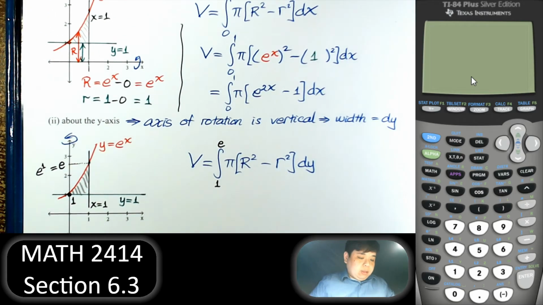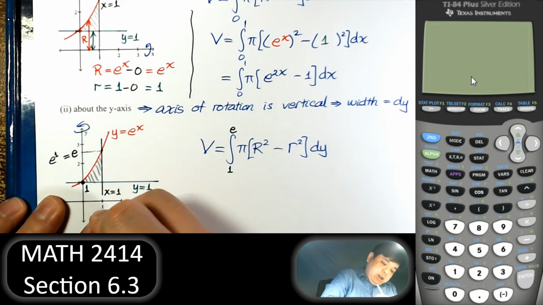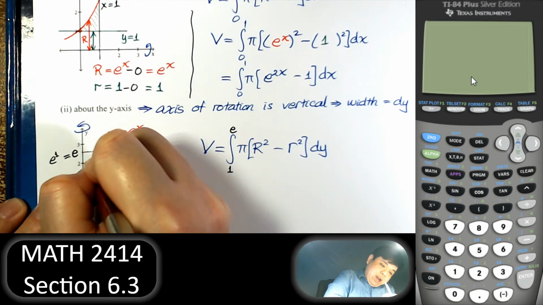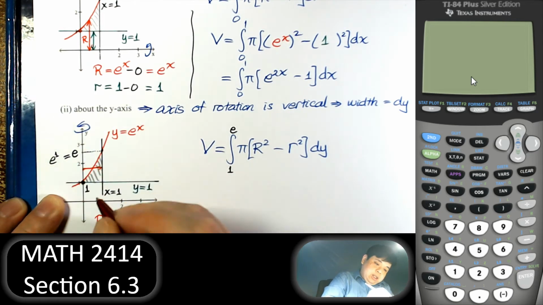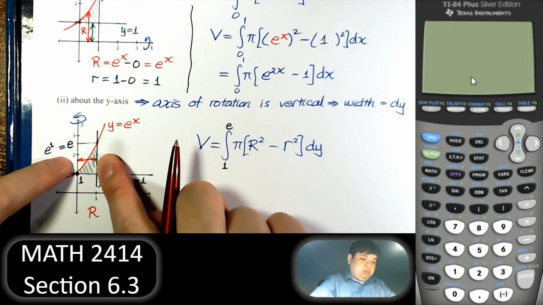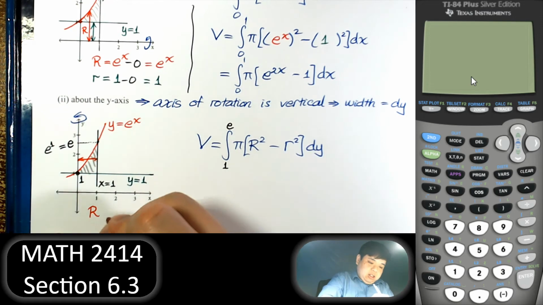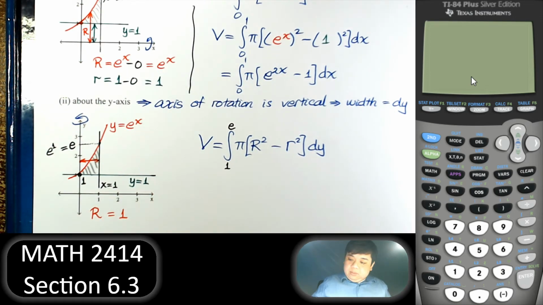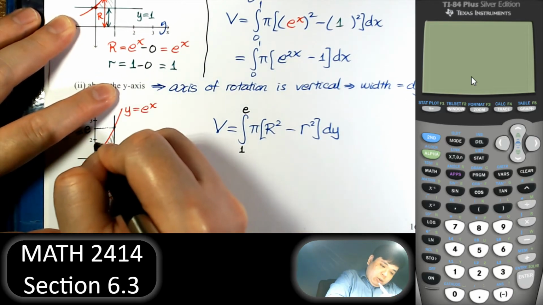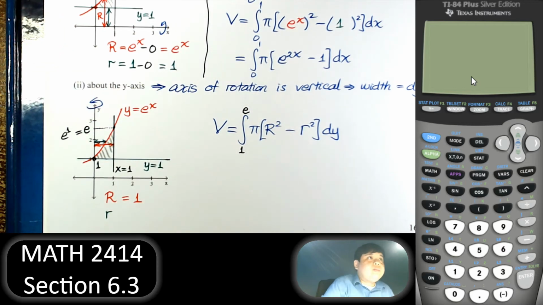Now, big radius, little radius. Big R is from the axis of rotation to the outer edge, which is 1, from 0 to 1 pretty much. And the little radius is from the axis of rotation to the inner edge of the region.